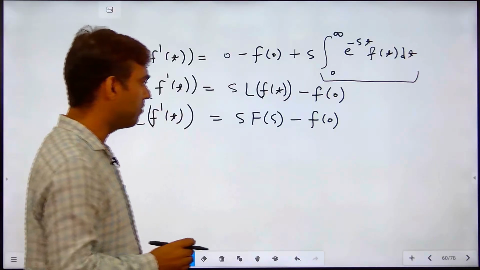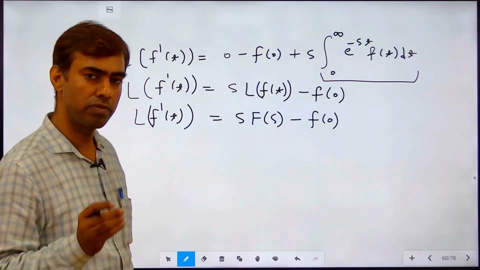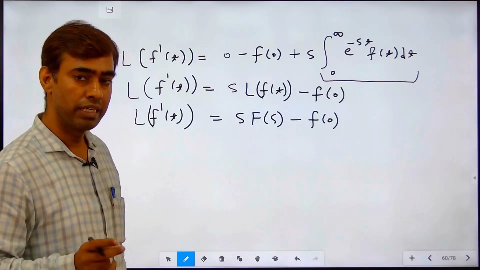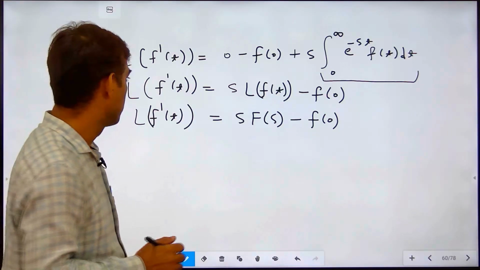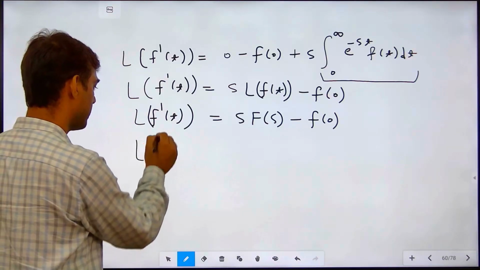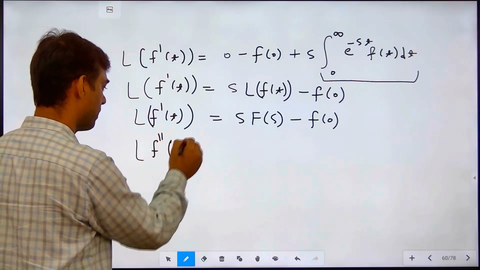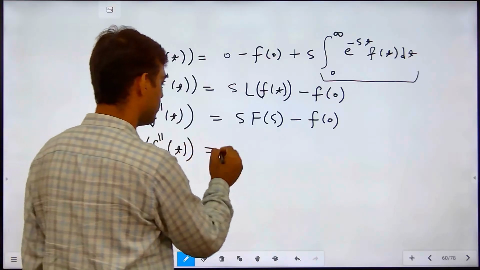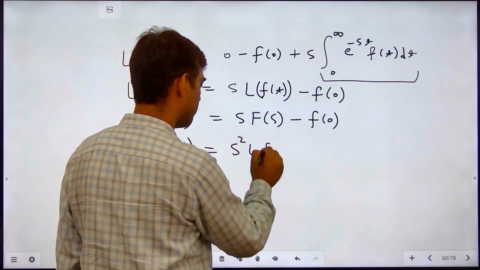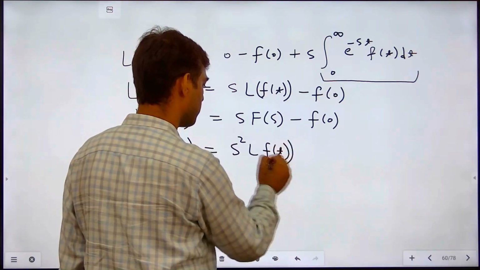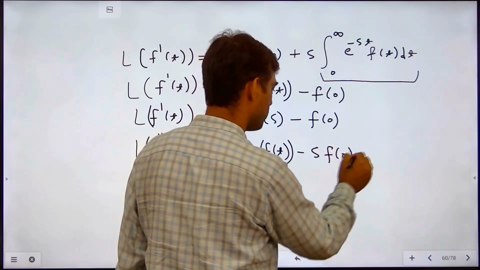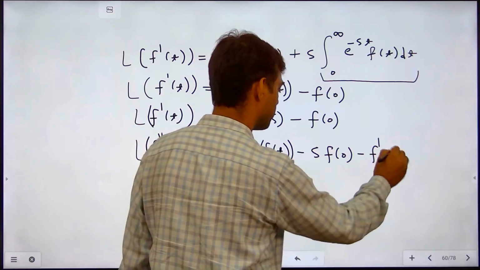In a similar manner, we are also able to find the Laplace transform of f''(t). Obviously, f''(t) is also from the category of class A functions. So, if we find the Laplace transform of f''(t), it equals s squared times the Laplace transform of f(t) minus s f(0) minus f'(0).